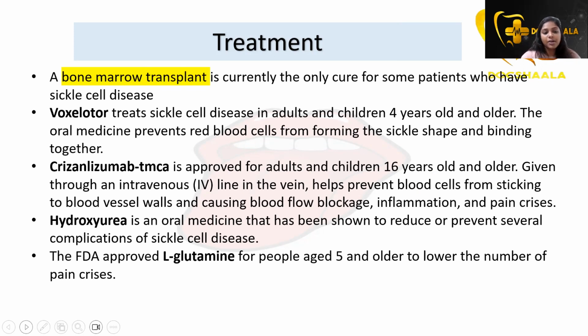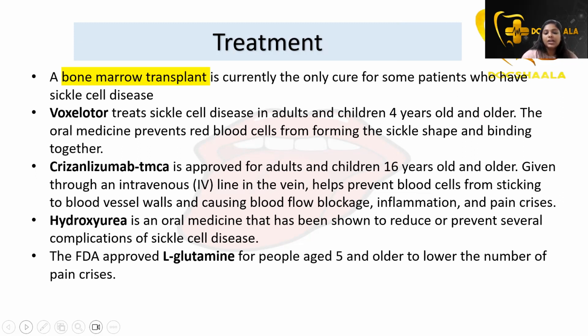Then crizanlizumab is an approved medicine for adults and children 16 years or older. It is given through IV. It helps prevent blood cells from sticking to the blood vessel walls, causing blood flow blockage or inflammation. It decreases that in adults and children above 16 years.